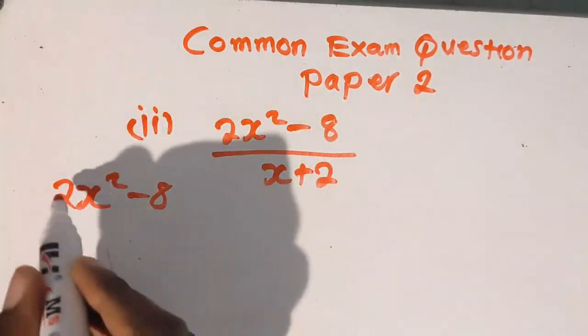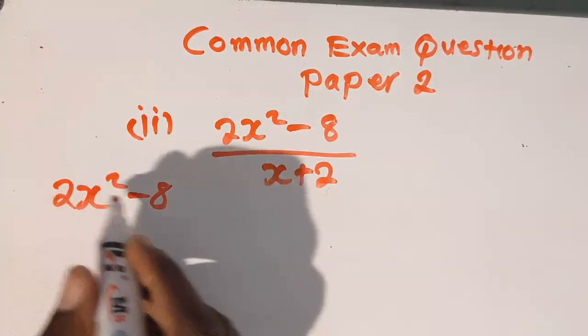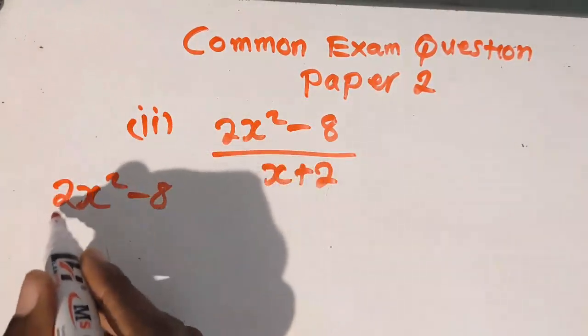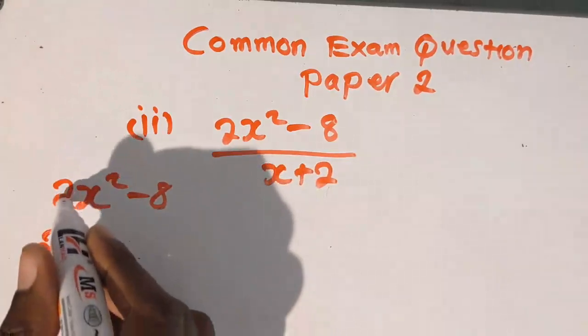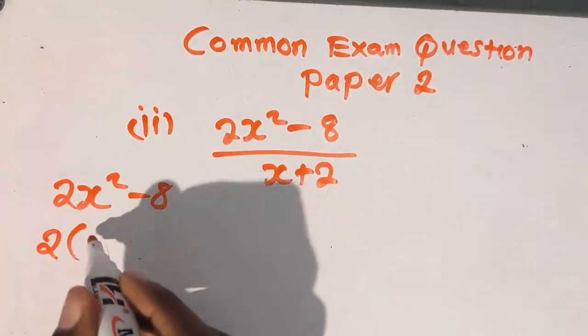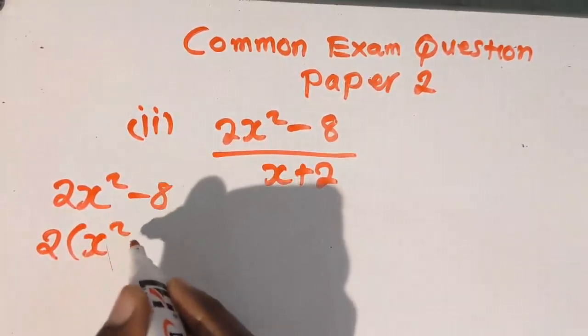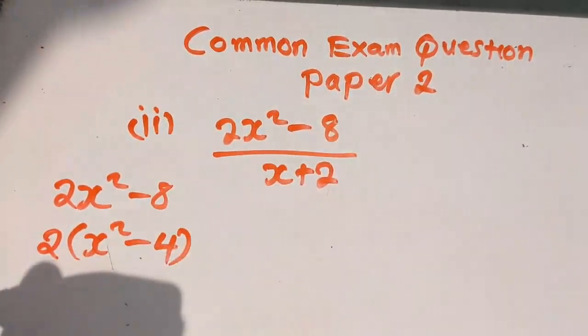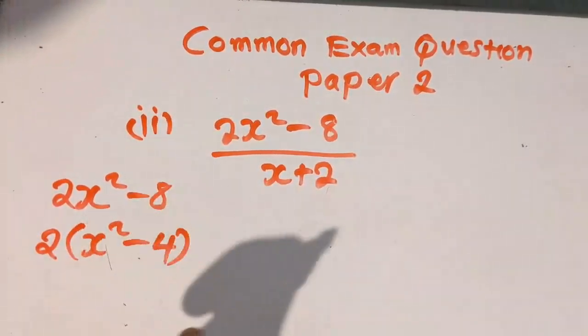So if you want to factorize this, you're going to find what is common between these two. So you're going to find that 2 is common. 2 can go in here and in here. So 2, and it goes in there to be x squared minus 4, like that.